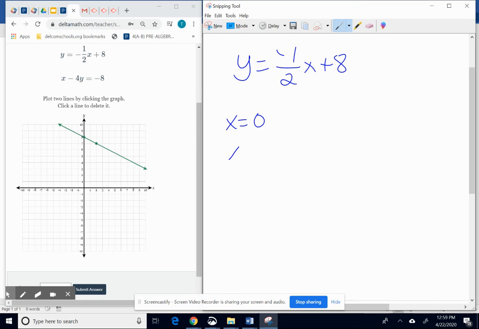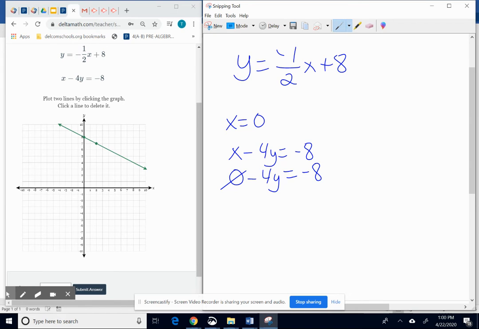So I'm going to rewrite my equation, but replace x with 0. So I have 0 minus 4y equals negative 8. So I really have negative 4 times y equals negative 8. I'm going to solve that equation for y.